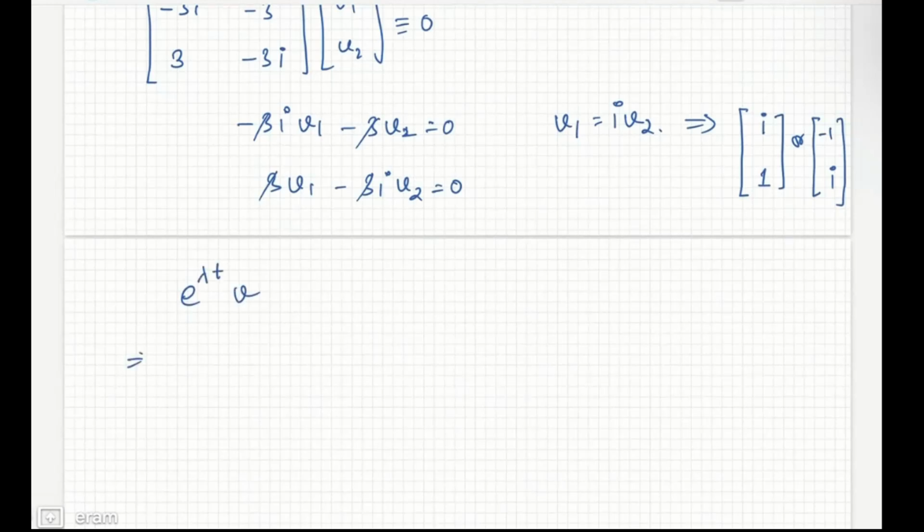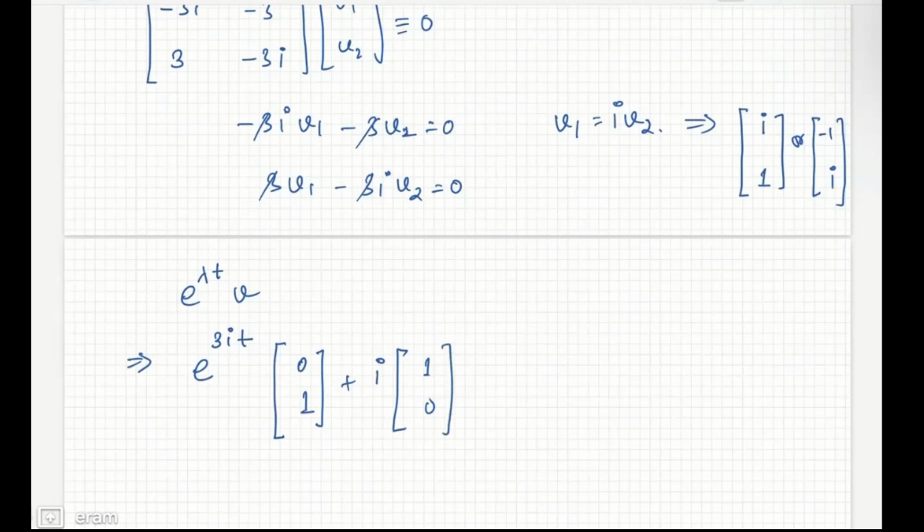Now what is lambda? Lambda is 3i, and v, let's pick this one, so it is (0 1) plus i (1 0). If I am choosing this one, this can be written as this.